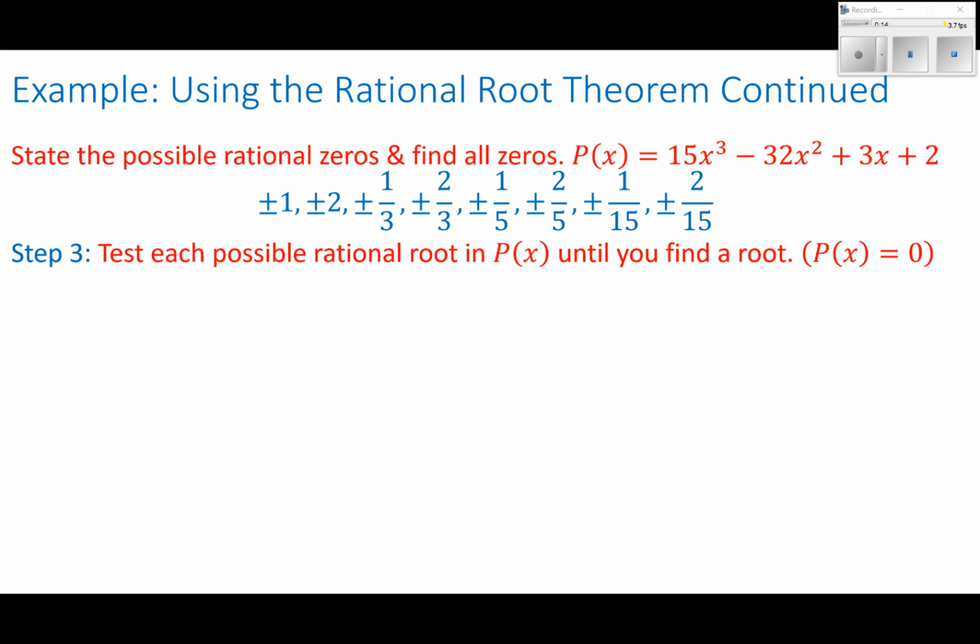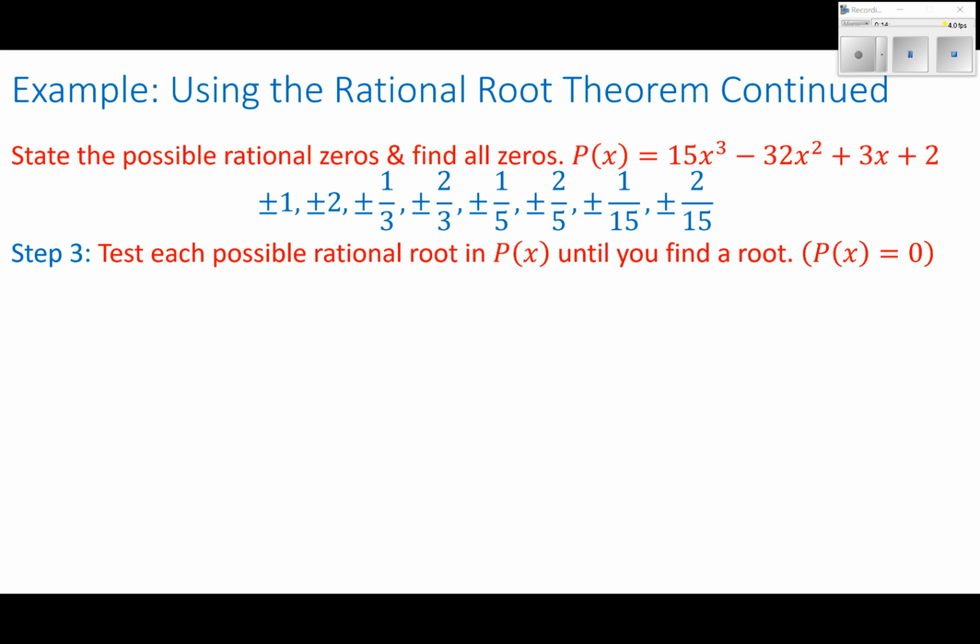Now we need to test, and I say test each, but really once we find the first one, we're good. So test each possible rational root in P of x until you find a root that when you put that in for x, your polynomial ends up being 0. So this is a continuation of that remainder theorem that we talked about 2 days ago.